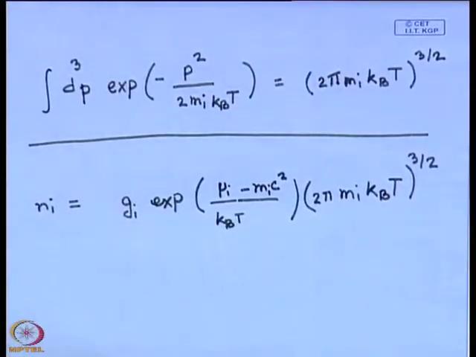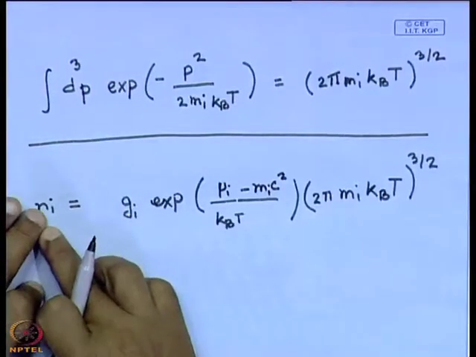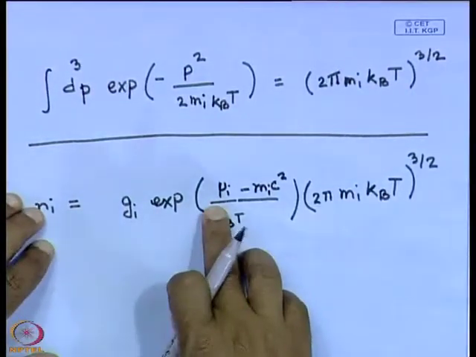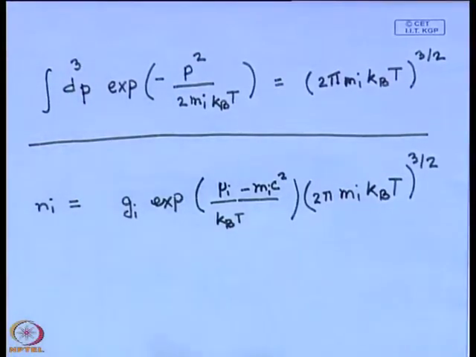Okay. So, this allows us to write down the number density of each of these species, provided we know the chemical potential and we know the mass of that species and we know the temperature of the entire system which we are looking at.